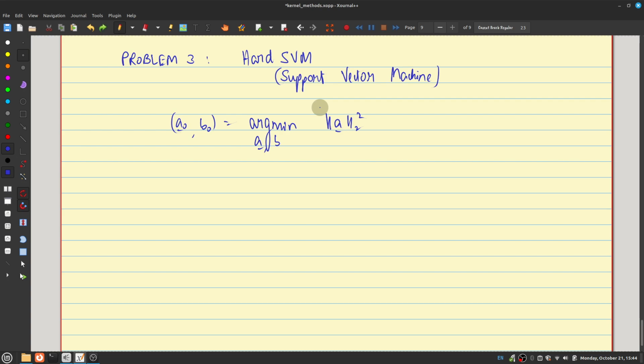No constraint that the 2-norm has to be equal to 1.